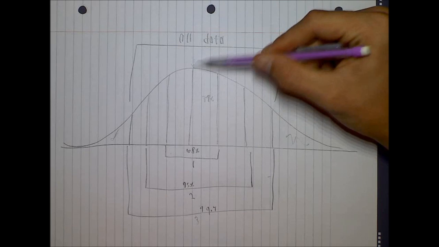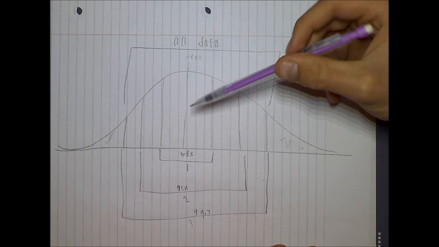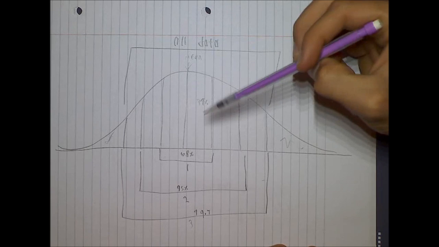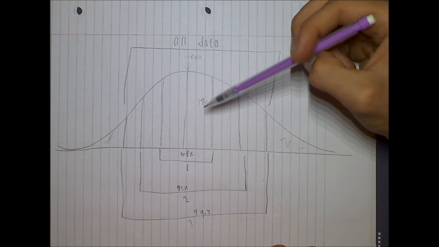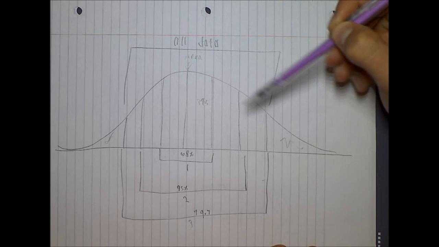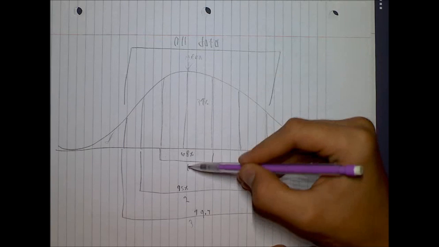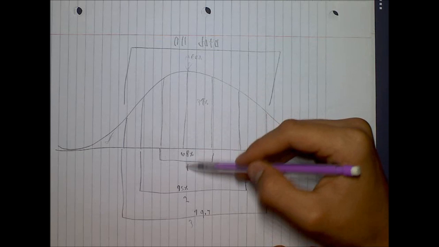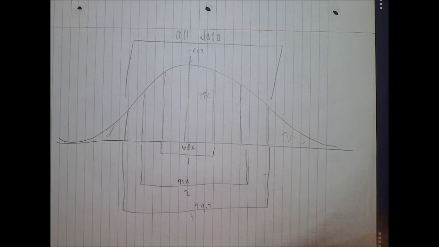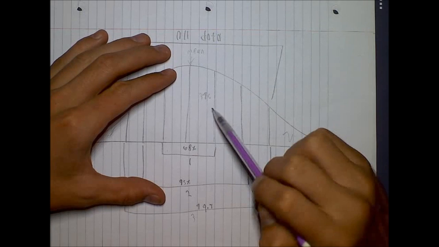So right here would be the mean of all the data, and if we wanted to find the percent that their scores were in between the mean and one standard deviation above the mean, since it's only one side, we would split this in half, which would be 68 divided by 2, 34%.